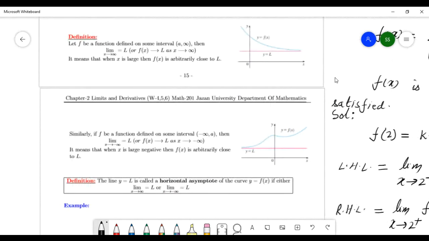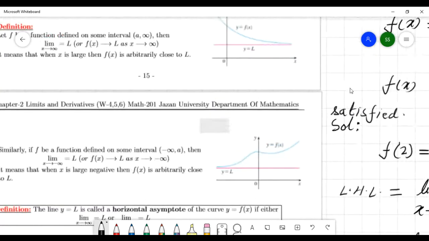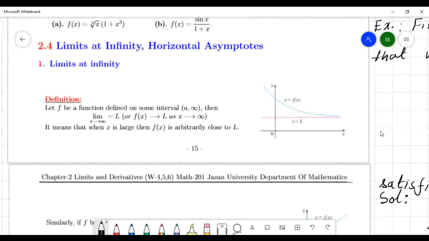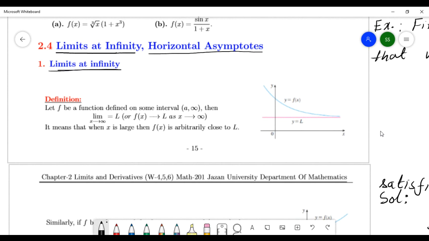See the definition here. At this point, limits at infinity, horizontal asymptotes. See this definition. Limits at infinity. The definition.